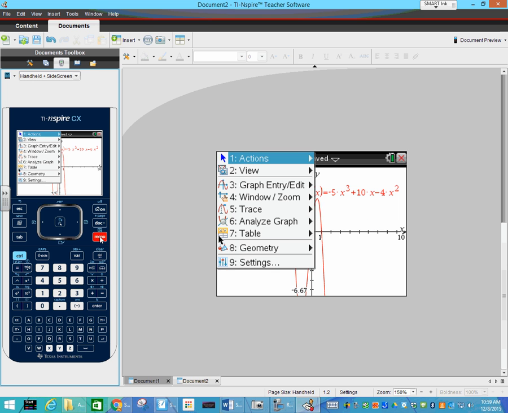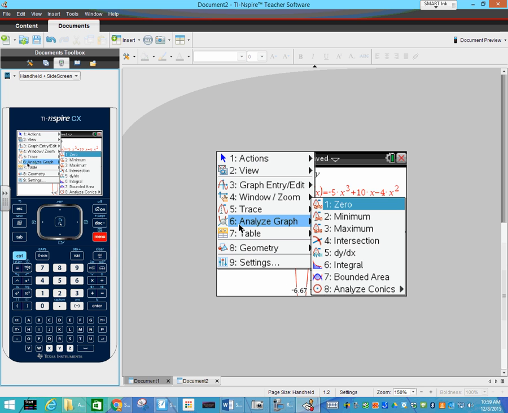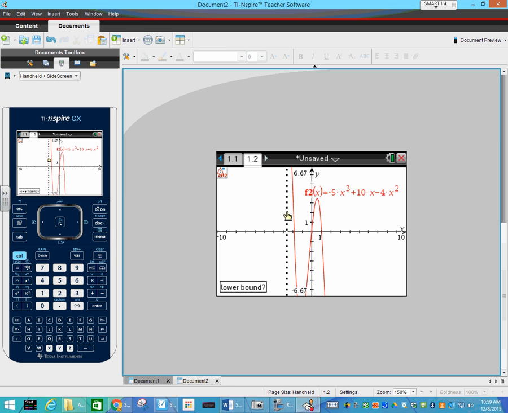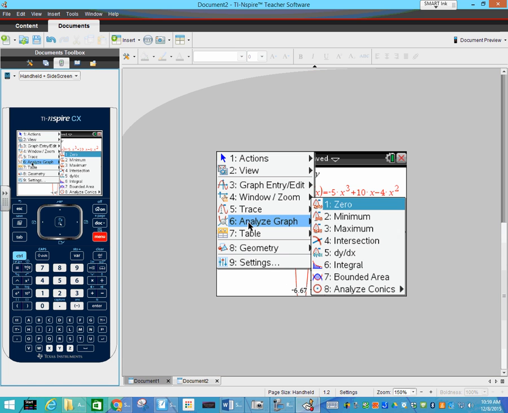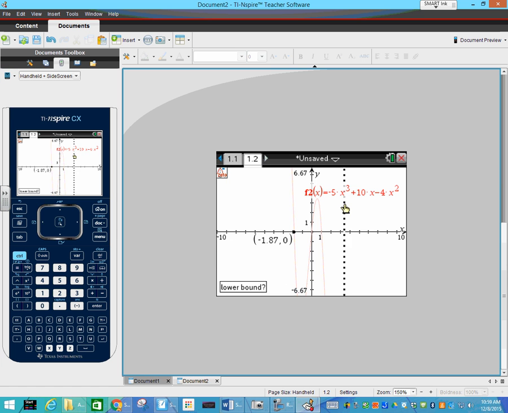So once again, we hit Menu, Analyze Graph, Zero. Got to be on the left side of the 0, right side of the 0, and there it is. It's at negative 1.87. And now I have to go find the other one. Menu, Analyze Graph, another 0, and I'm going to be on the left side and the right side, and you can see how close it is.